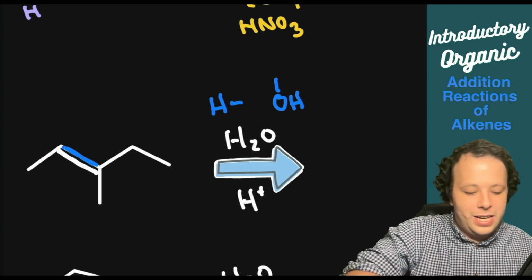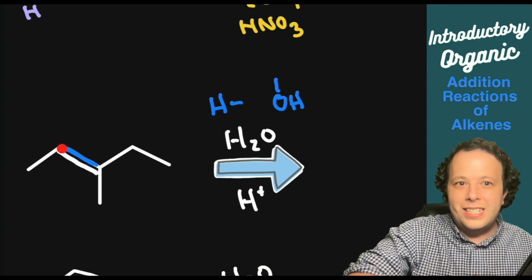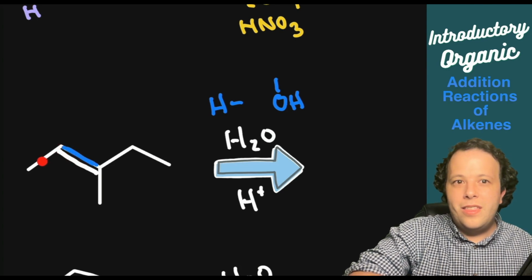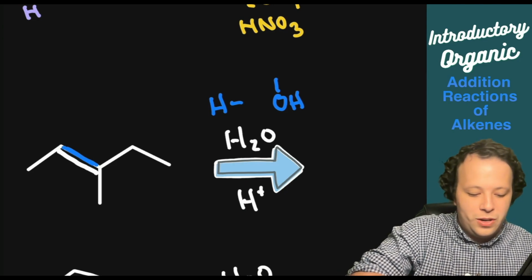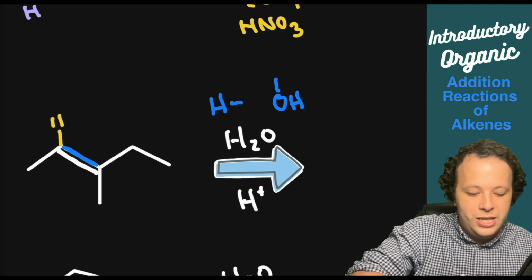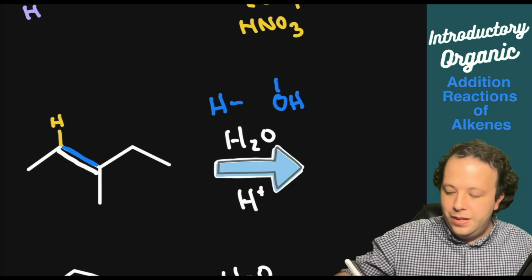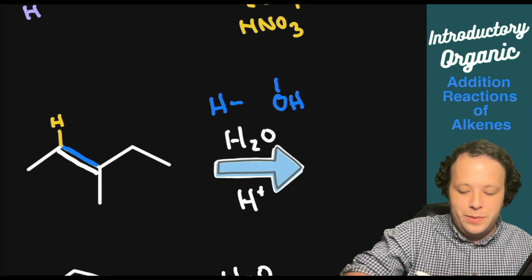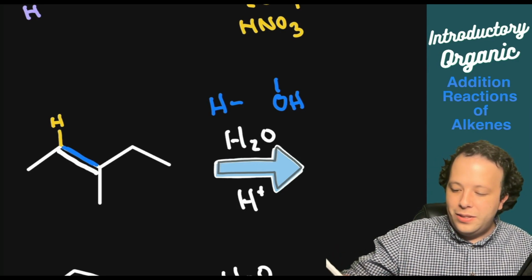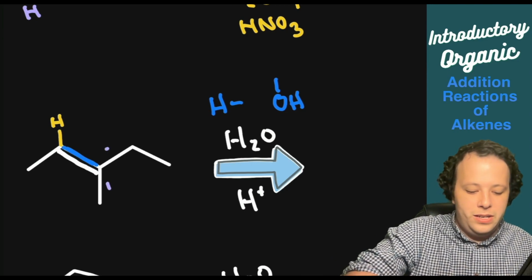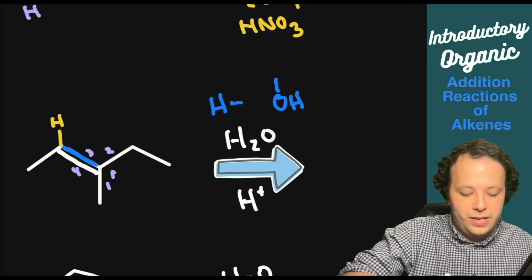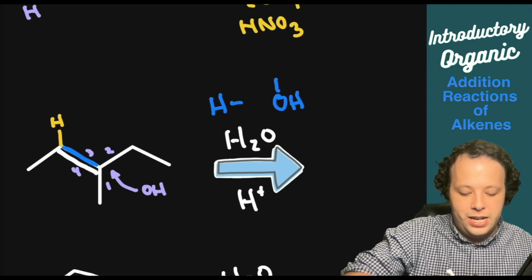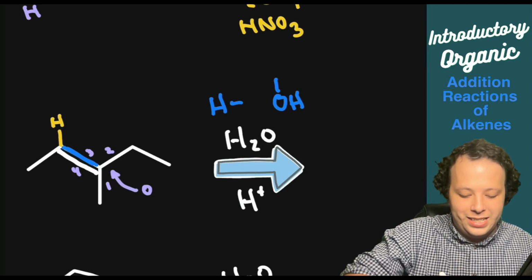So if I look at the carbon on the left-hand side, we can see we have 1, 2, 3 bonds, so that means there is 1 hydrogen currently here. Now, if I go to the right carbon, if we count all of our bonds, we have 1, 2, 3, 4 bonds. So that means that there are 0 hydrogens on the right-hand side.